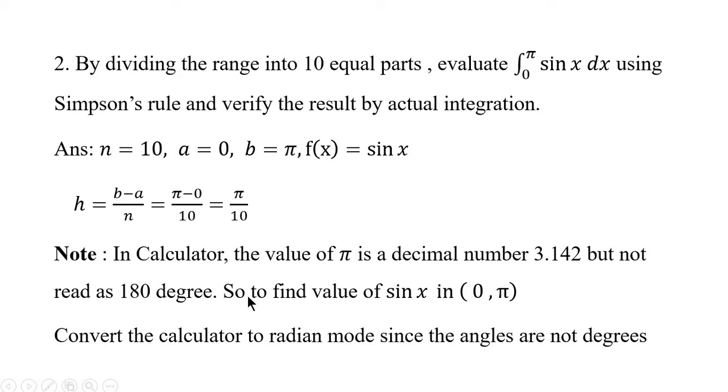So to find the value of sin x in the interval 0 to pi, we have to put the calculator in radian mode, because all these angles are read as numbers instead of degrees. To put your calculator in radian mode, you can press shift and then select RAD, R-A-D.